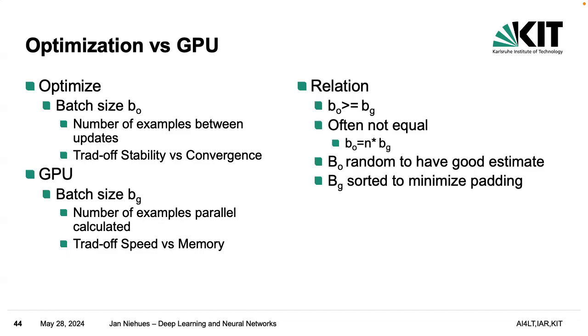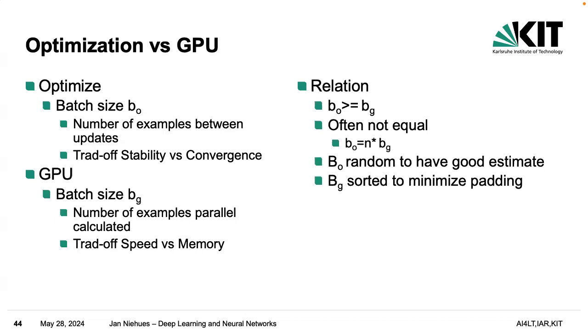The one thing is your batch size from the optimization. That means the number of examples between updates. And there you have this type of trade-off. You want to have it as big as possible in order to have stability, but you want to have it as small as possible in order to have a good convergence.